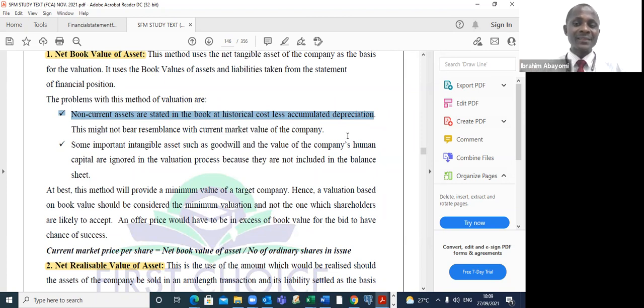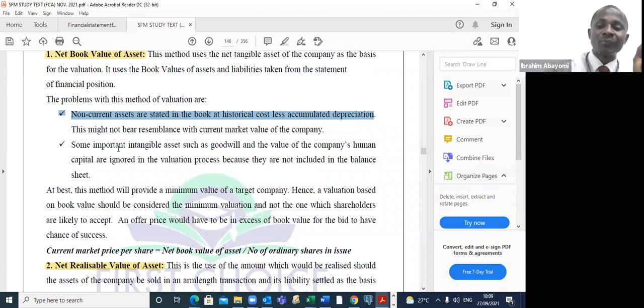So if you are basing your market valuation on the historical cost, your market value will not reflect the current economic reality, because the asset you are using to value the company is based on the historical cost of that asset. That is one of the problems with net book value. Valuation will not reflect the current economic reality of the company.